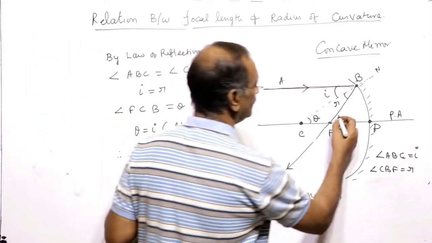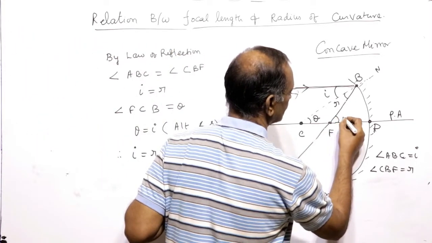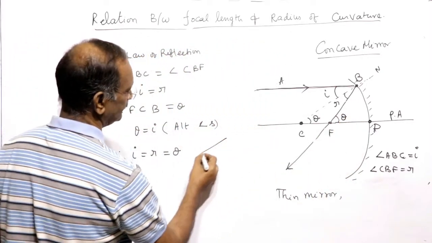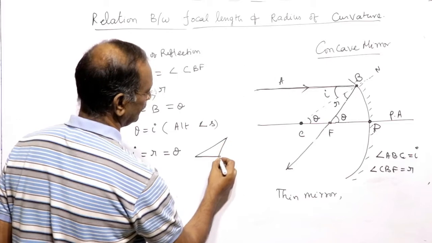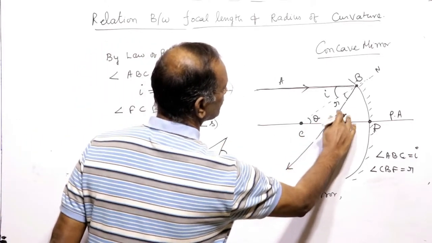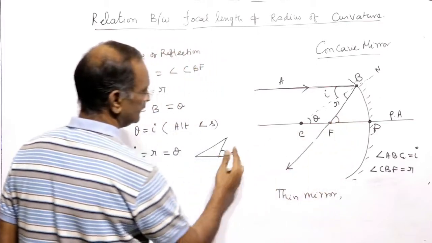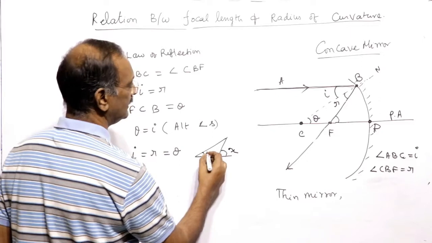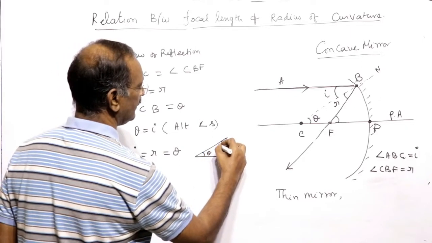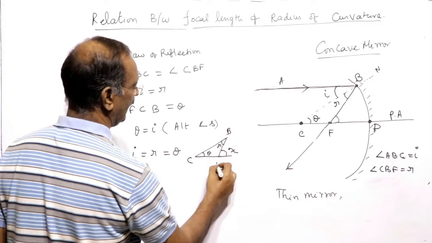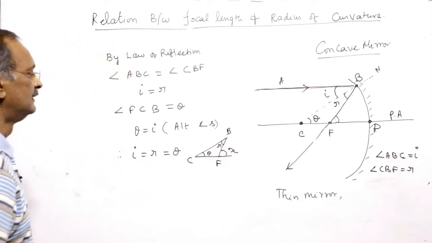Now, in this triangle, this angle we call X, this is theta, and this is R, angle CBF.